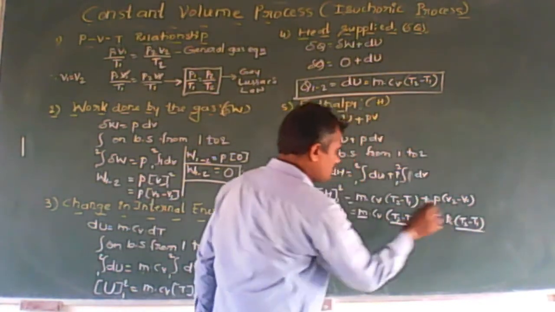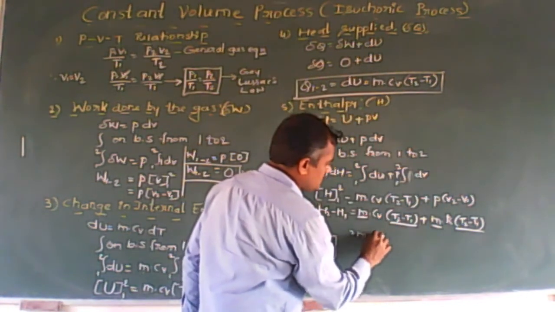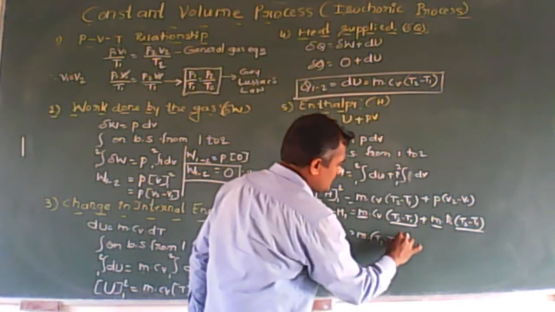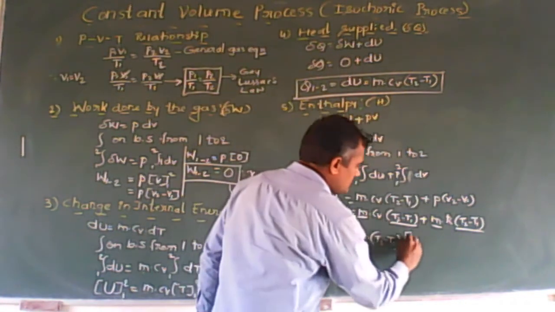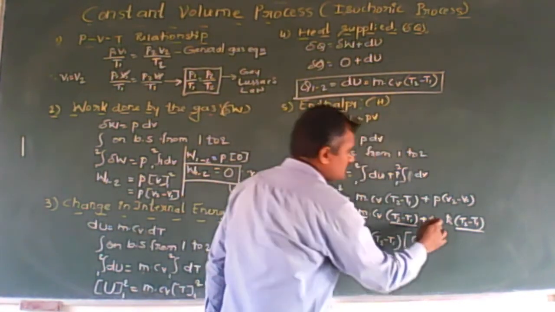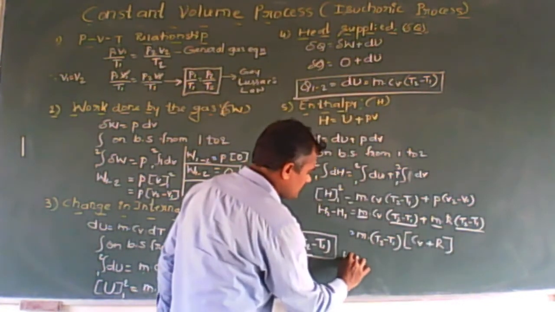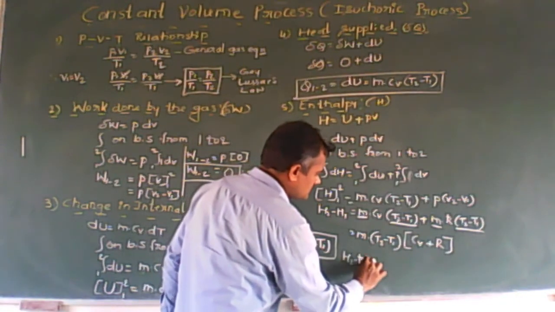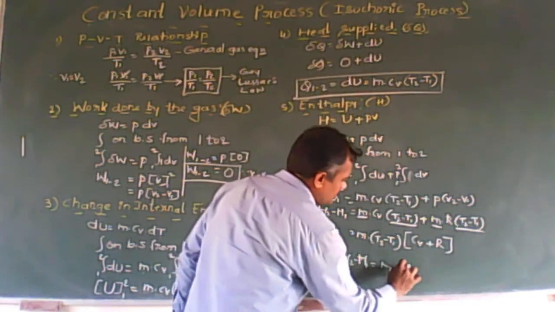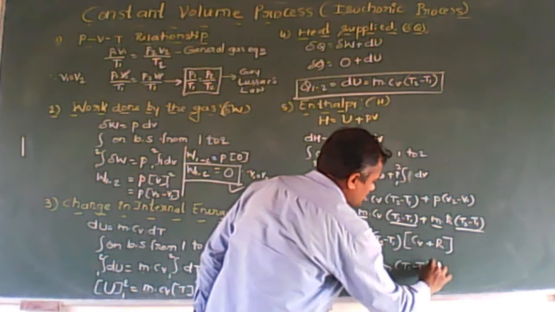And what is remaining inside the bracket? It is Cv plus R.